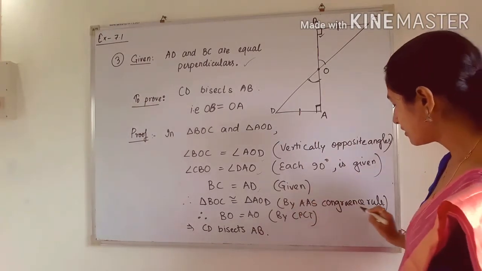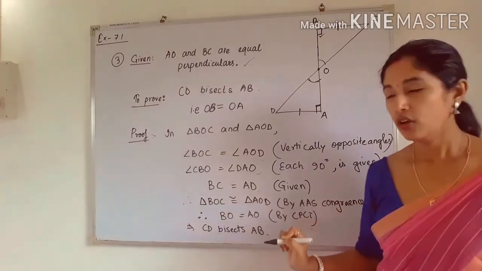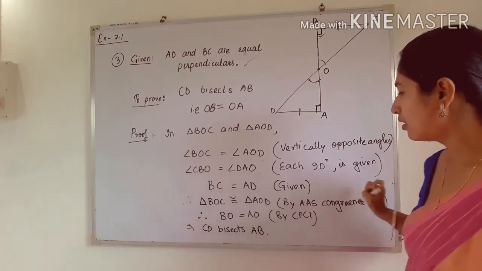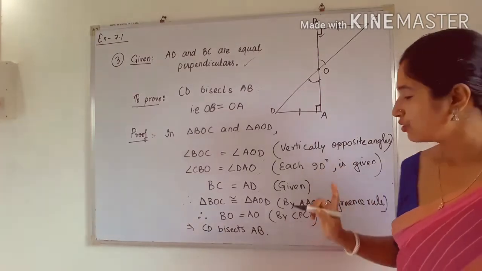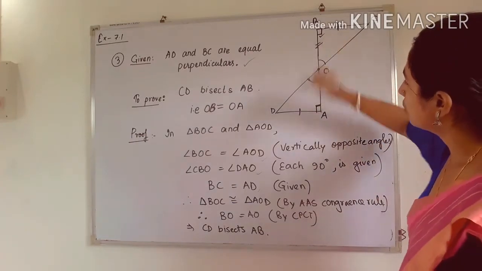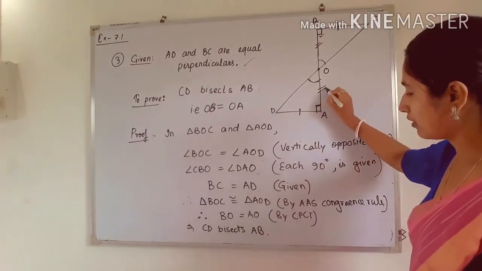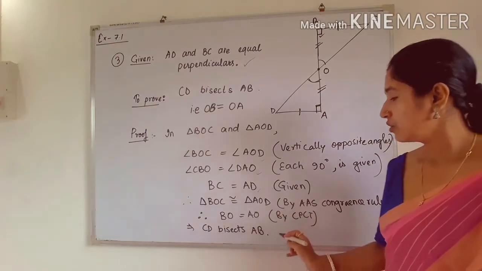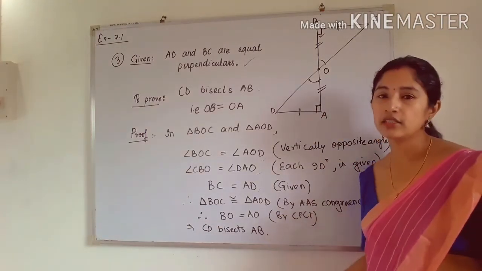So by AAS congruence rule, the third rule which we studied in the last lecture, the two triangles are congruent. So by CPCT we can say BO is equal to OA, or AO. By CPCT we have to write in bracket. So we can say that CD bisects AB.